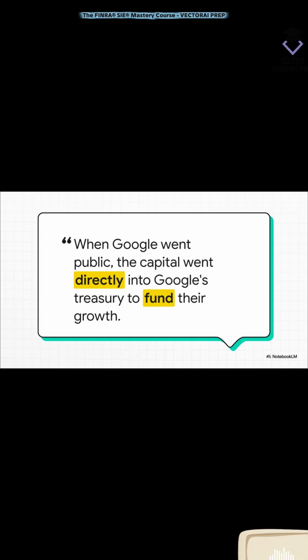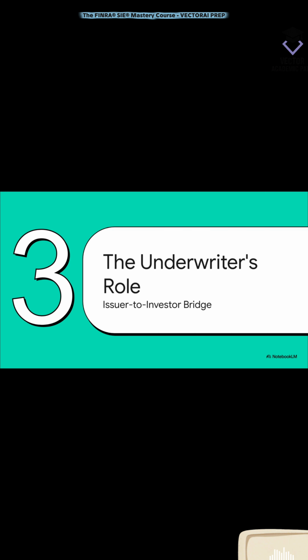The Google IPO is the perfect example. Think about it. All those billions of dollars that were raised, they didn't go to a bunch of traders in New York. No, that cash went straight into Google's bank account, into their treasury, to fund their incredible growth. That is the absolute heart of the primary market. The issuer gets the money. End of story. So, how does a company like Google actually pull this off?